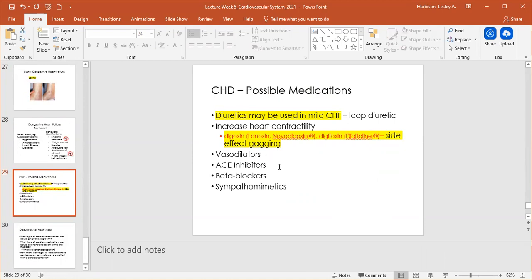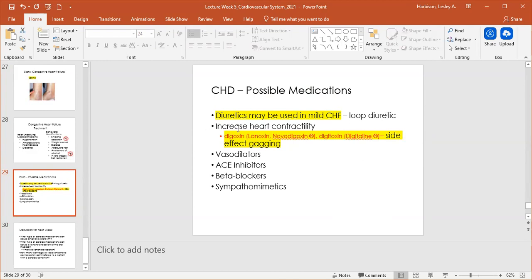This was not in our guest's PowerPoint, but I do want you to know this. You have to know this because it affects our oral health care very specifically. So I put it in this PowerPoint and you will likely be quizzed on this. Diuretics may be used in mild congestive heart failure. Our guest told us about that, loop diuretics.